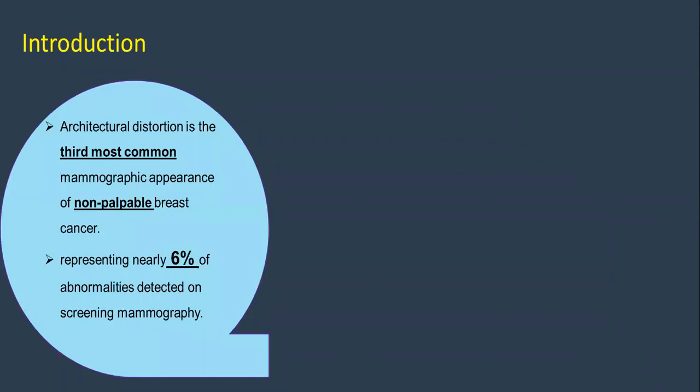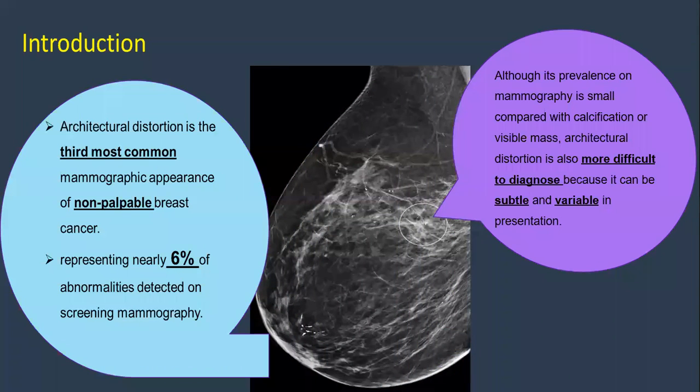Architectural distortion is the third most common mammographic appearance of non-palpable breast cancer. It represents 6% of abnormalities detected on screening mammography. Although its prevalence is small compared to calcifications and masses, the architectural distortion is more difficult to diagnose because sometimes it's very subtle and variable in presentation, as in this case.